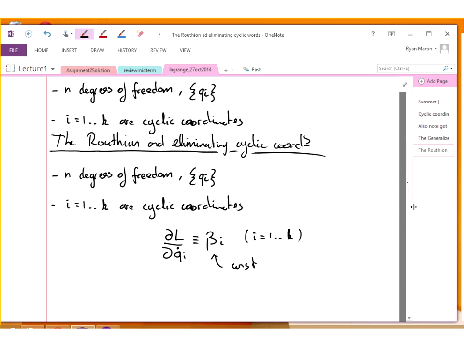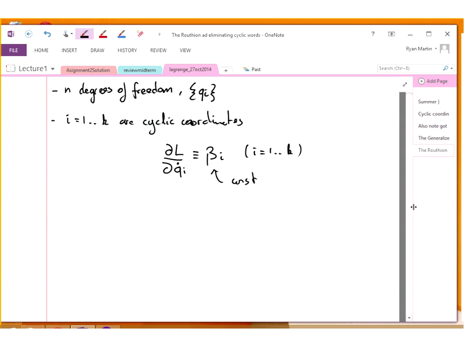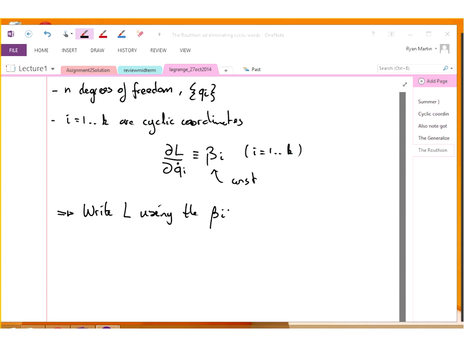So our procedure is to first write L using the beta_i's.